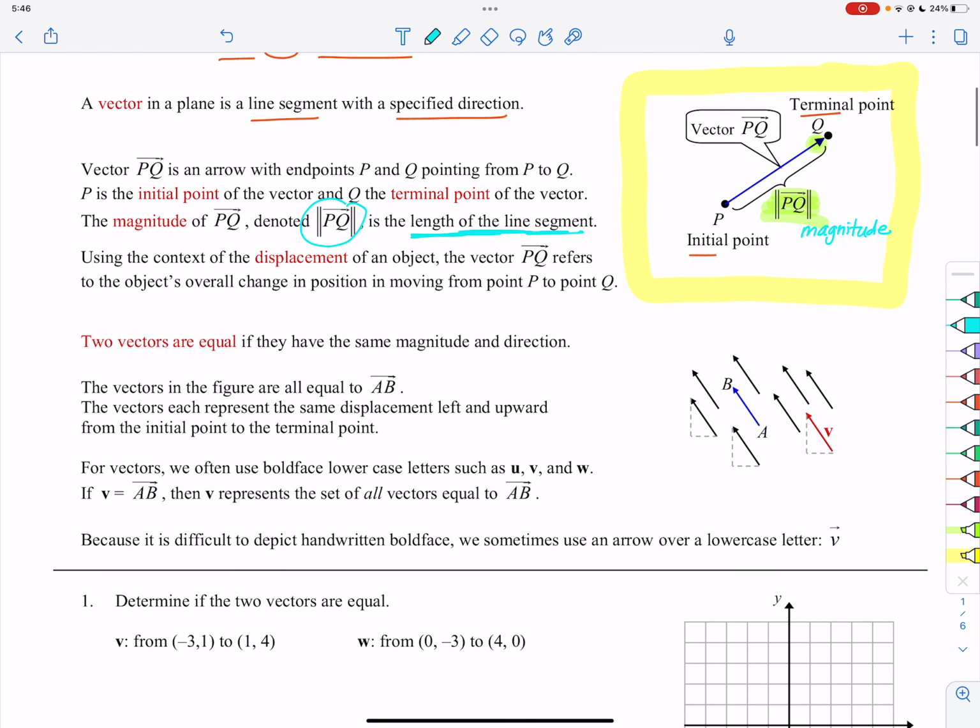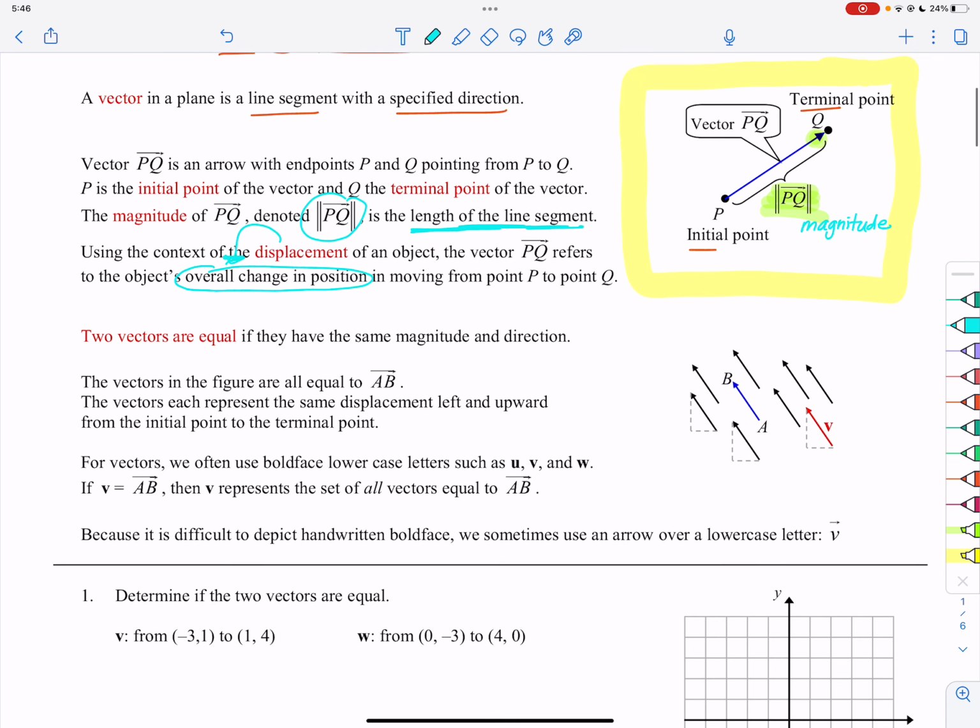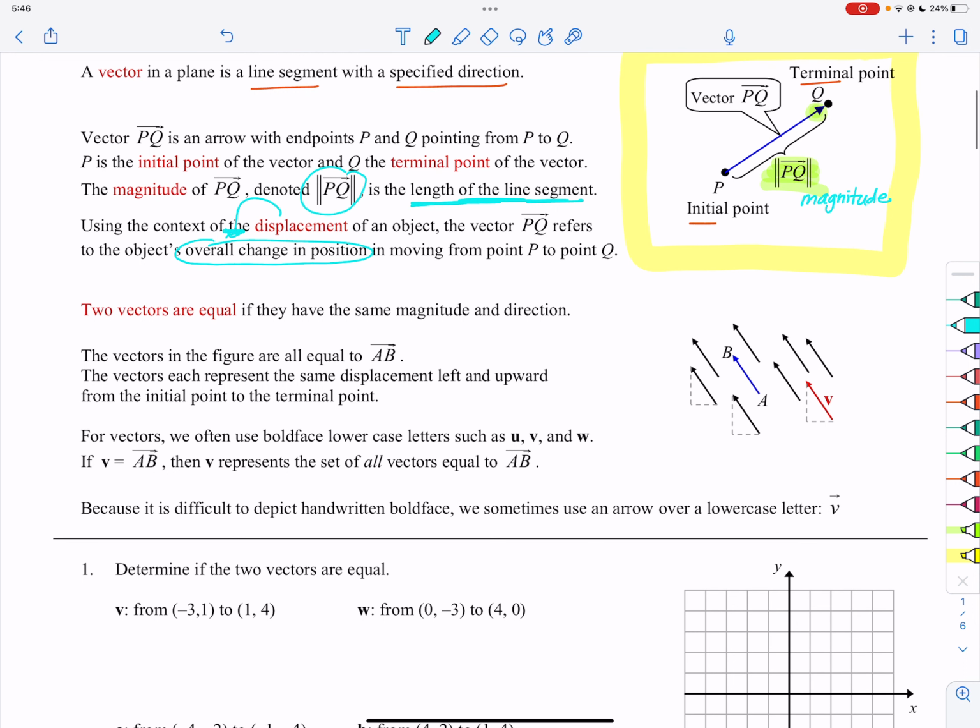And using the context of displacement of an object, the vector PQ refers to the object's overall change in position, moving from P to Q. I think that is a really, really good context to talk about. The overall change in position, that is displacement. Okay, and that's really what this vector refers to.